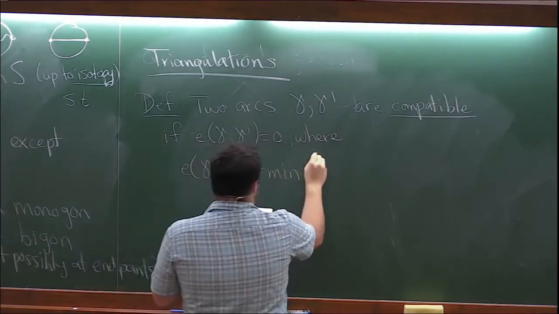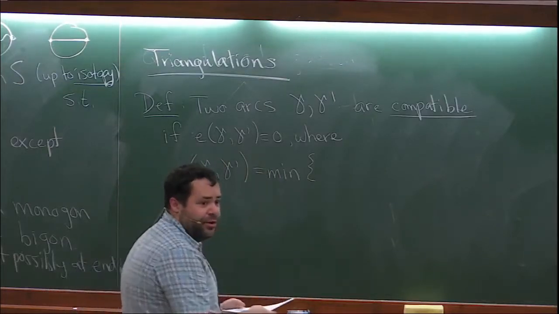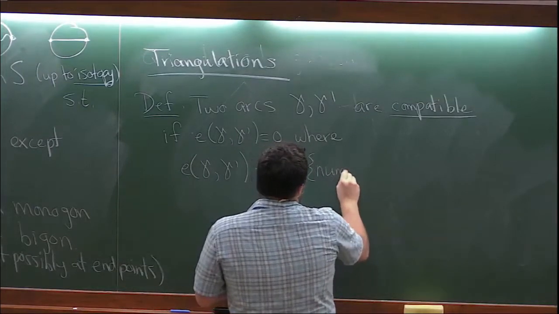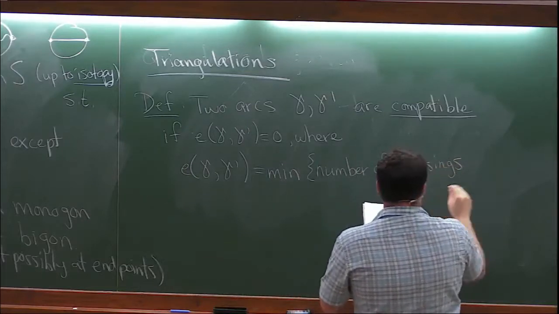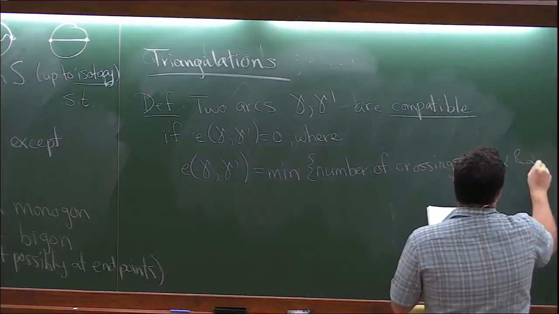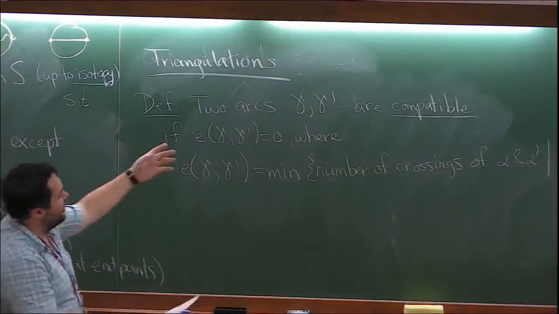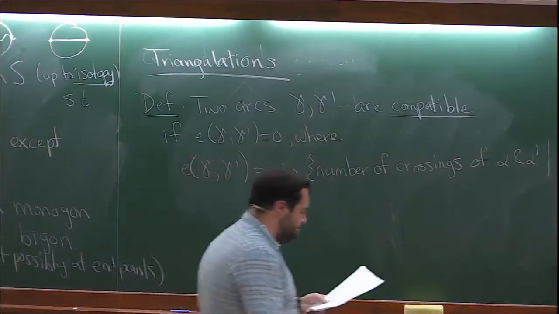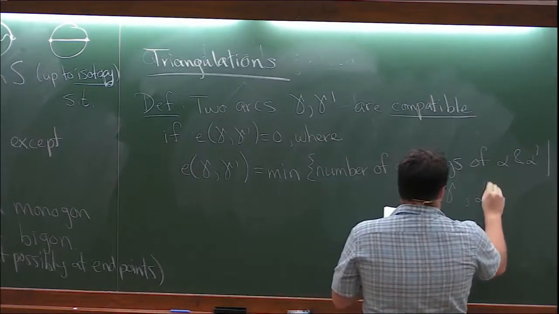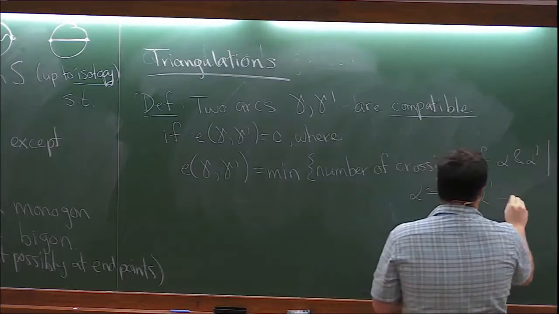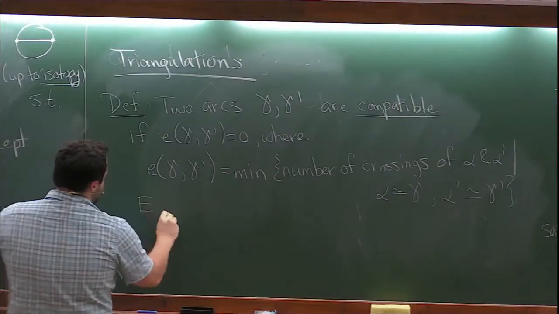It's the minimum over all the crossings, the minimum of the number of crossings of alpha and alpha prime, as alpha and alpha prime range over all of the curves that are isotopic to these, such that alpha is isotopic to gamma, and alpha prime is isotopic to gamma prime. For example, here's what I mean.